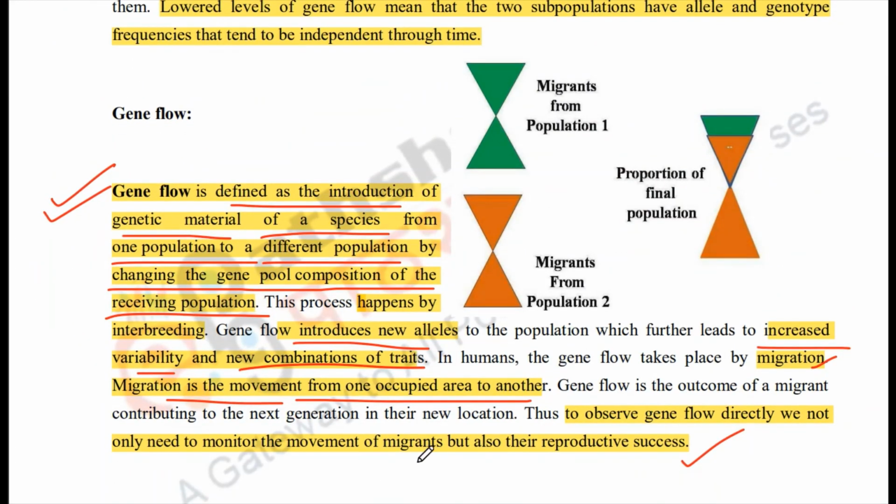So along with the movement of genes, we have to ensure there is significant reproductive success. Fine. So these two parameters become very important when we are making sure that a gene being introduced to a new population is also sustained in that population.